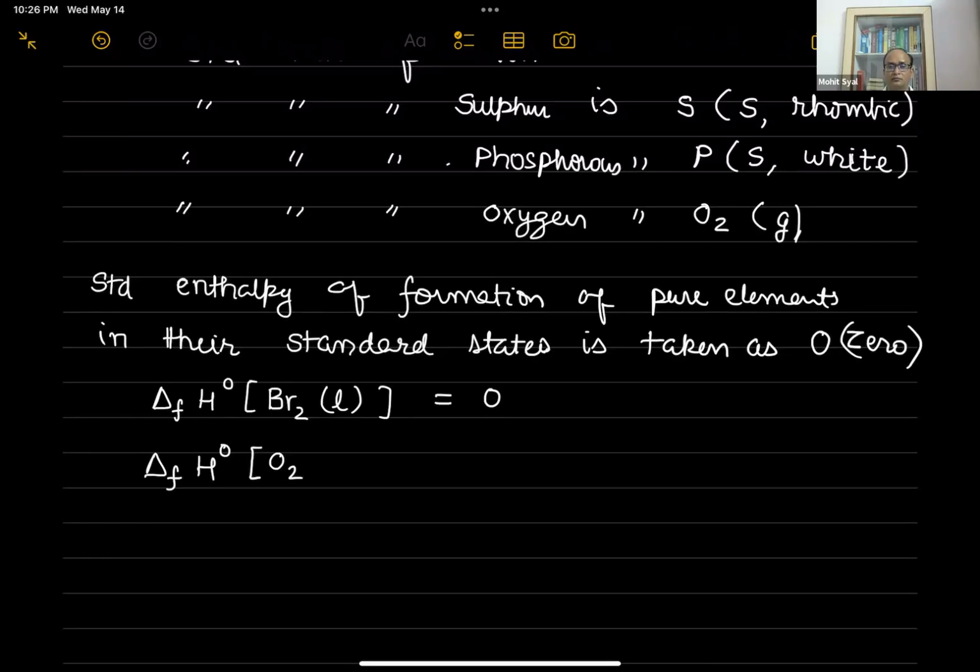Gaseous, because the standard state of oxygen is gaseous.